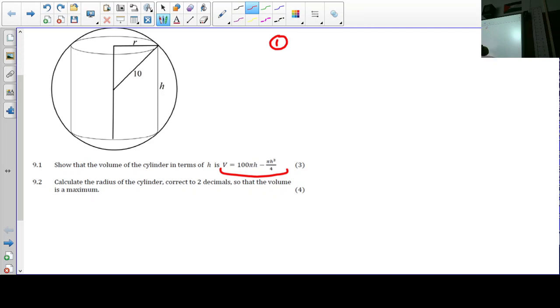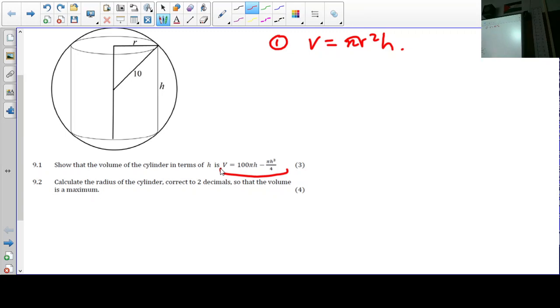Remember that they're looking at the volume of the cylinder in terms of h. So how do you calculate the volume of a cylinder? It's pi r squared h. If you look at this here, we don't have an r.